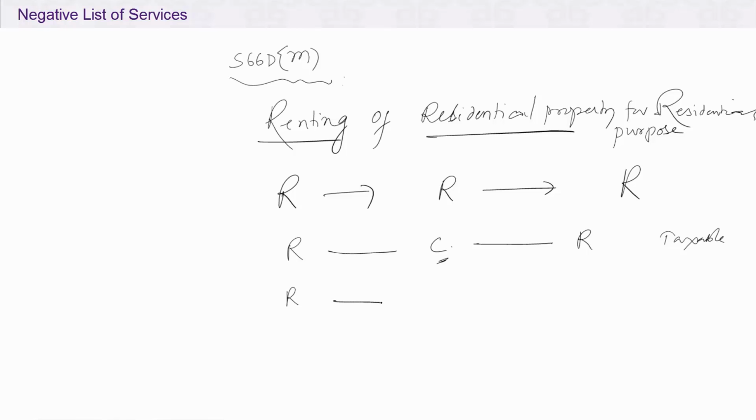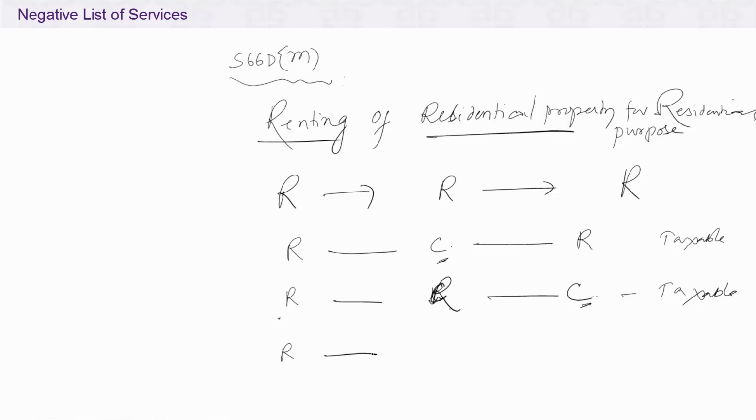Or renting is there and it has been given for commercial purpose. Renting a residential property but for commercial purpose, then it's not residential purpose, this is also taxable.